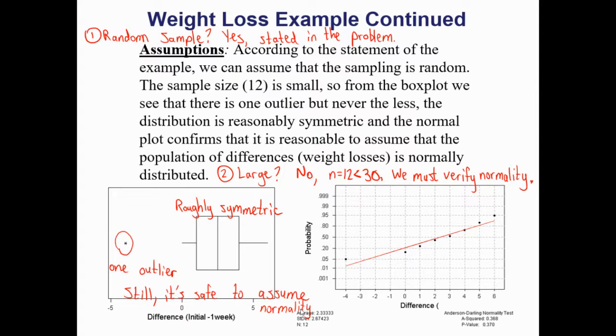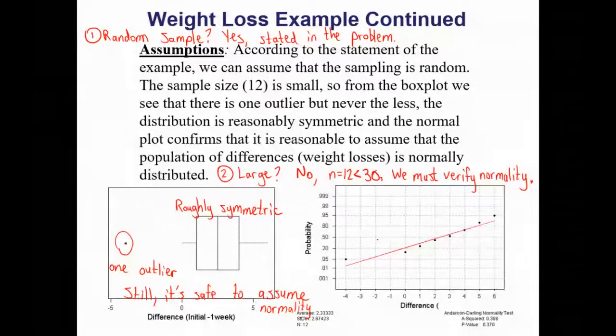Now, when we look at this box plot and we see that one outlier, if we had data software at our fingertips and we could run another plot, it would probably be a good idea to do a normal probability plot just to see, okay, wait, I have an outlier. Is this really still safe to assume normality?